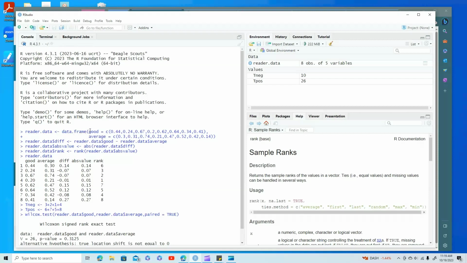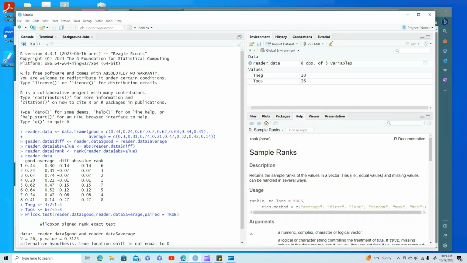So I'm going to title my first variable good, obviously, and I put in all of the good scores. I have the comma, and then I did shift enter so that I can put in the average, and then put in all of the scores for that average, and then I'm closing out my data frame. So now I have a data frame called reader data with 2 variables, one called good and one called average.